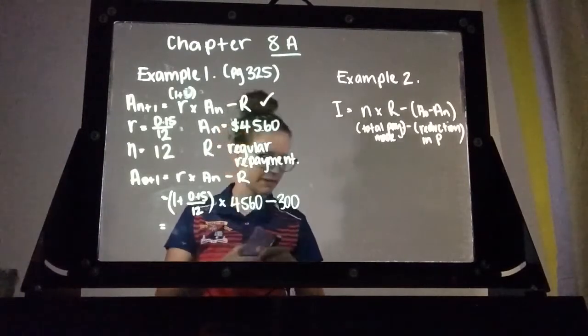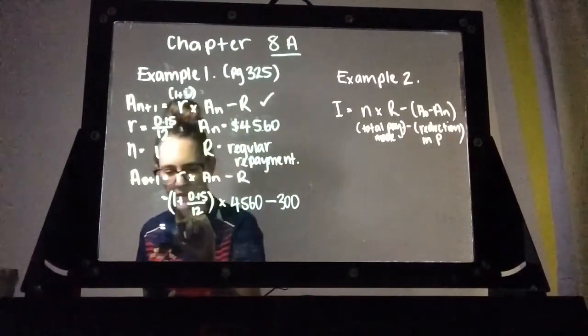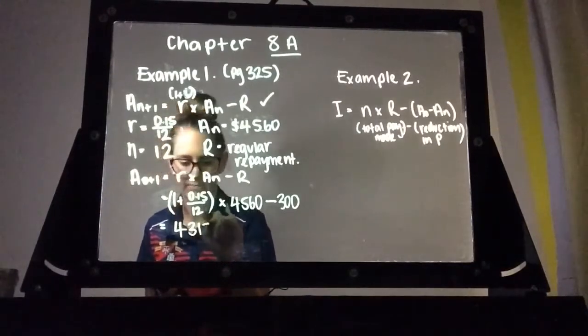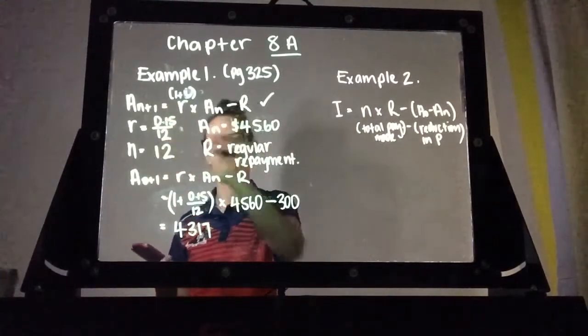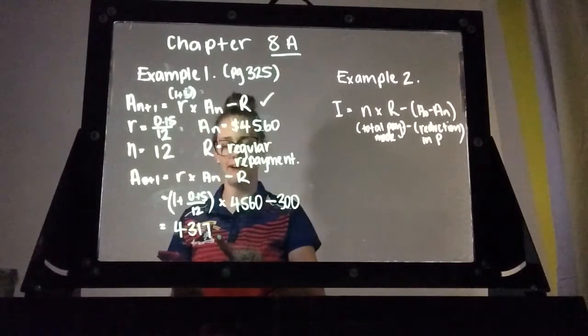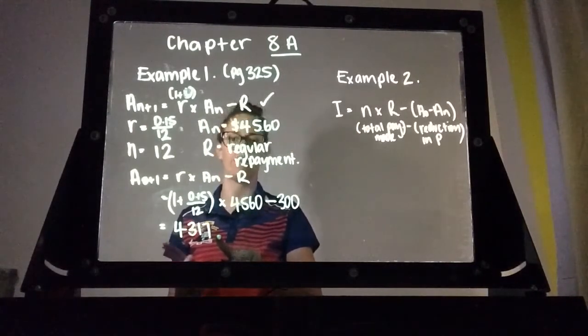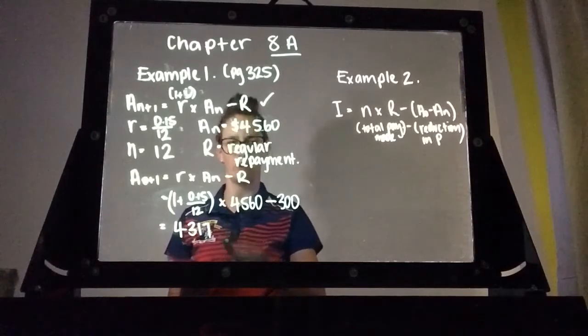So when I put that into my calculator, I get 4,317. So what we've just calculated there is that after 2 periods, she will have $4,317 remaining off her loan.